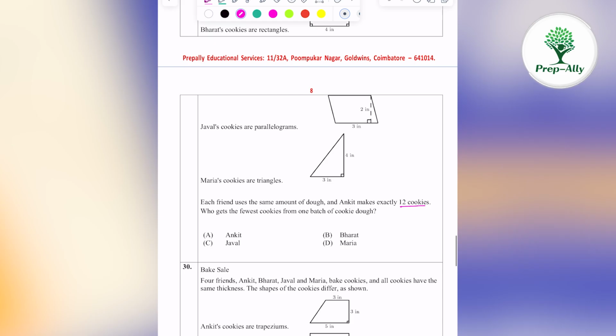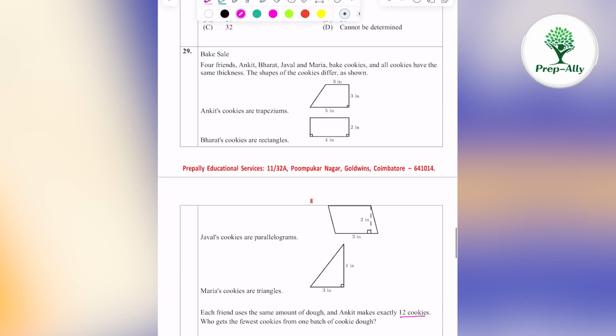So basically if a few dough is given, then you have to find who is getting the least number of cookies. But here thickness is the same. So can I write here basically for cookies, we have to find the volume. So volume we can write as area into thickness. So thickness is same, so I assume it as T. So Ankit cookies are trapezium. So what is the area of this?